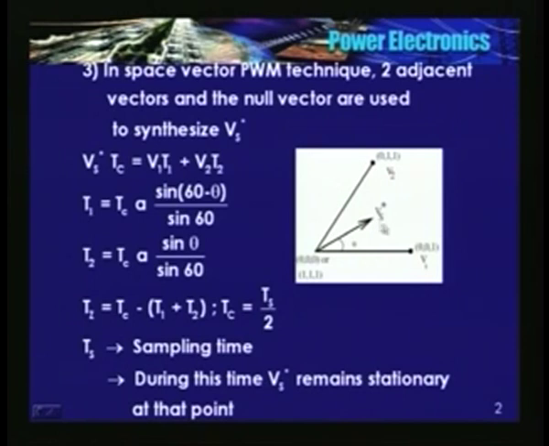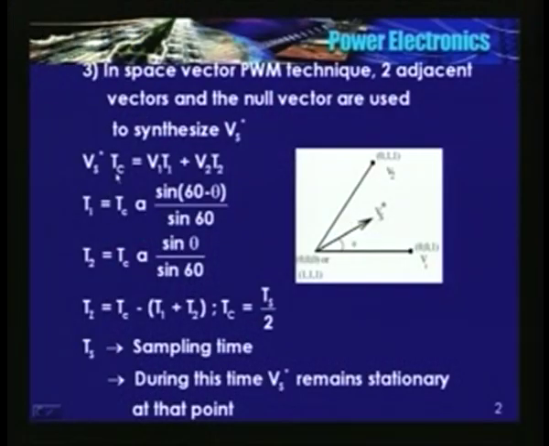The length of the space vector is determined by the V by F curve. Now we need to synthesize using V1, V2 and the null vectors in such a way that volt second balance is satisfied.